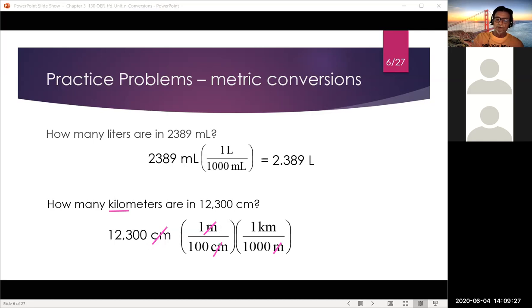I check my units. And then I realize I'm dividing 12,300 by 100 and 1,000, so the number that I'm going to get is going to be a lot smaller than the number that I started off with.